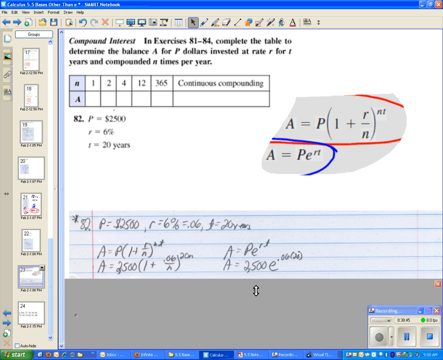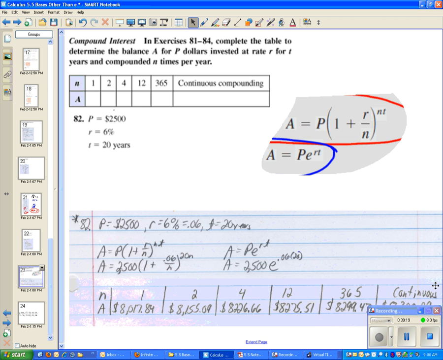That'll be A equals 2,500 times the quantity 1 plus 0.06 over N to the NT. T is 20, so 20N. And then A equals P e to the RT, that'll be 2,500 times e to the 0.06 times 20. And it is calculator time.